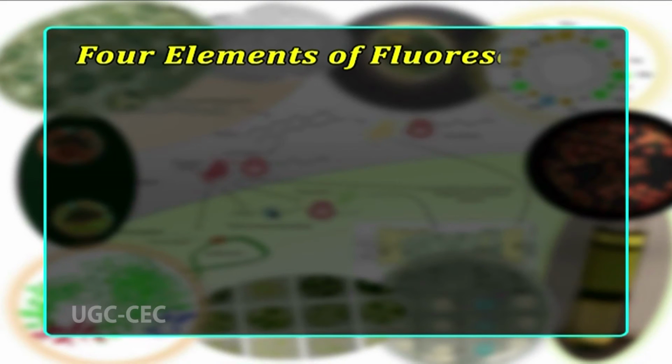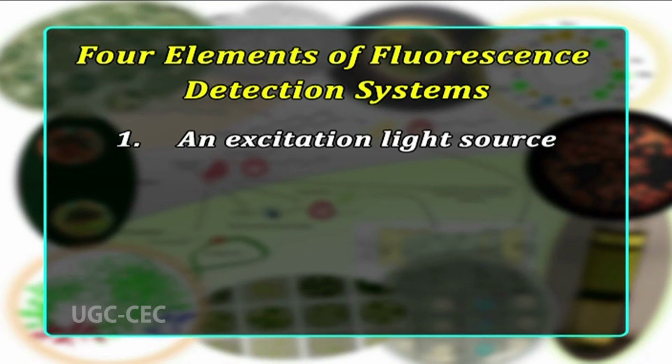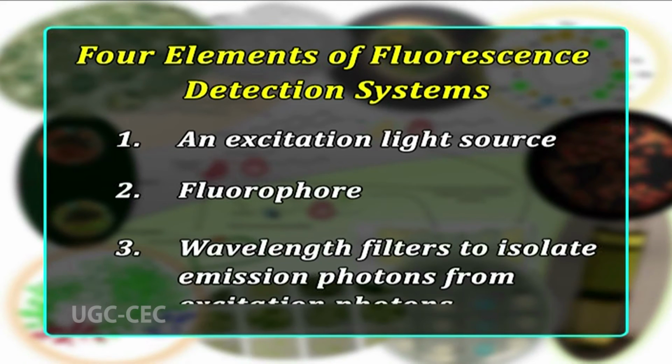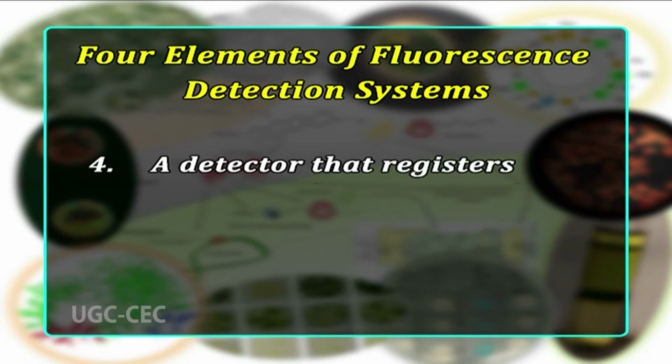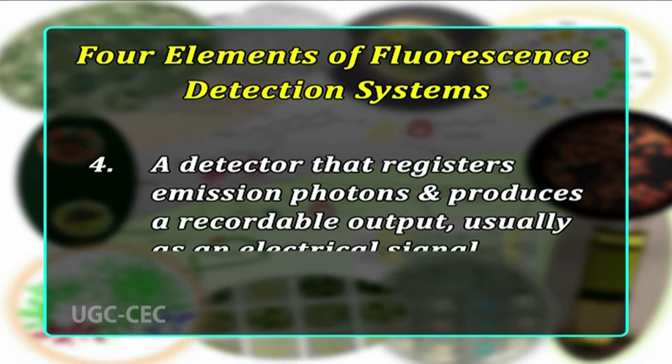fluorescence detection techniques. Four essential elements of a fluorescence detection system can be identified from the preceding discussion. First, an excitation light source, a fluorophore, wavelength filters to isolate the emission photons from the excitation photons, and a detector that registers the emission photons and produces a recordable output, usually as an electrical signal.